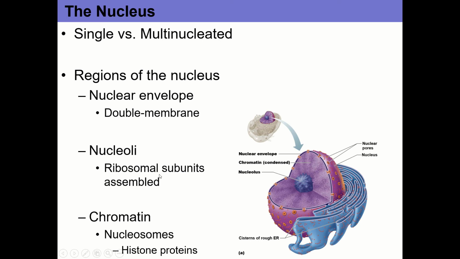So when I talked about ribosomes, I don't think I mentioned last time, ribosomes have 2 subunits. There's a large one and a small one, and I'll show you pictures of what that looks like here in a second. But those 2 subunits are assembled inside of the nucleoli, and then the ribosomes migrate out of the nucleus through some of these pores.